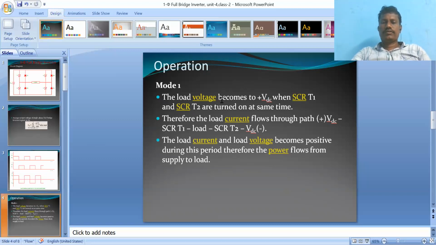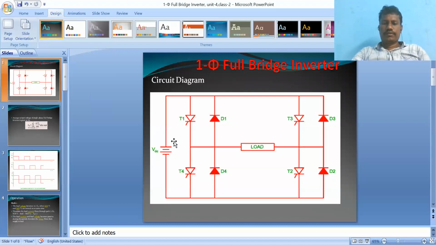The voltage becomes positive when T1, T2 are turned on at the same time. When T1, T2 are turned on, the load voltage is positive. So the current path is VDC plus, T1, load, T2 and VDC minus.